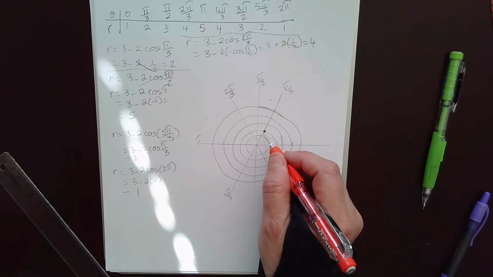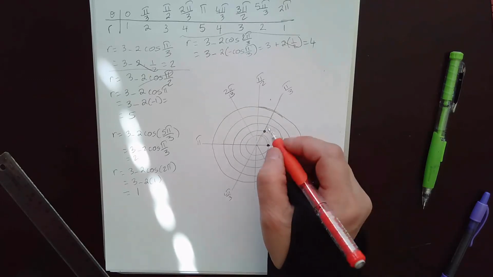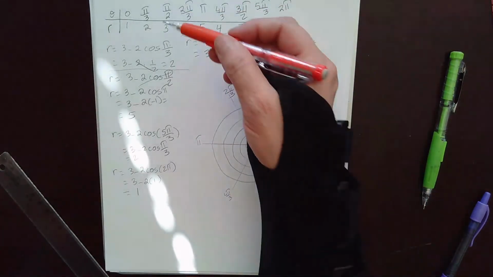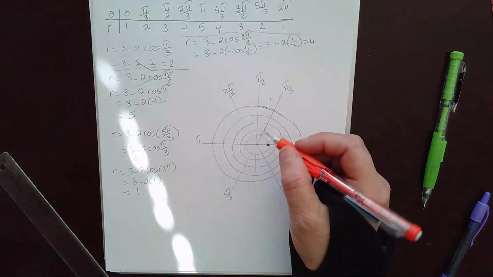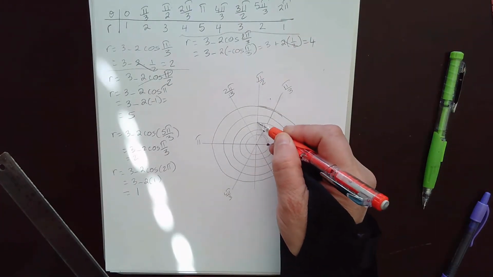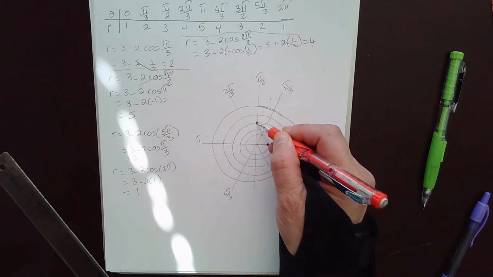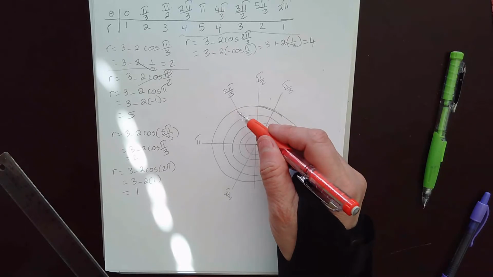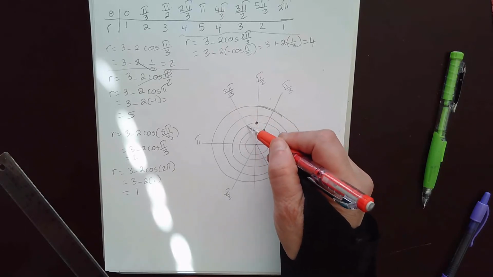But before we start graphing, let's get the other values. Pi over 2 is 3. So this is pi over 2. r is 3, 1, 2, 3. Here's 2 pi over 3. r is 4, so 1, 2, 3, 4.